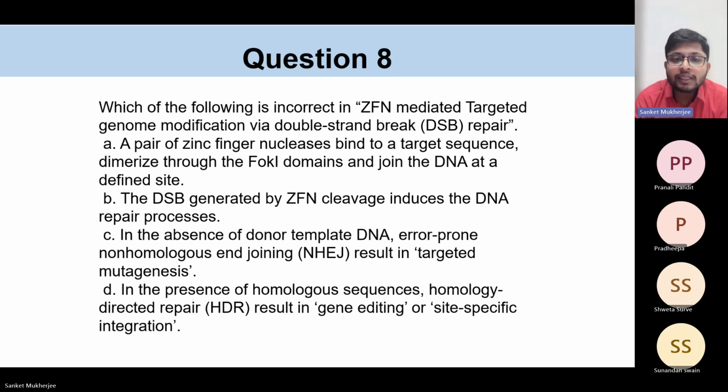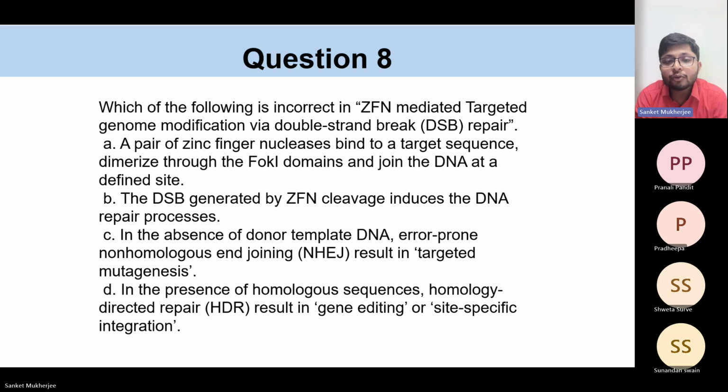Which of the following is incorrect in ZFN-mediated targeted genome modification while double-stranded break repair? A pair of zinc finger nucleases binds to a target sequence, dimerizes through the FokI domain, and joins the DNA at a defined site. Or, the double-stranded break generated by zinc finger nuclease cleavage induces the DNA repair process.